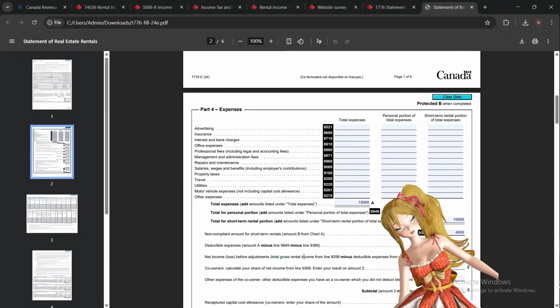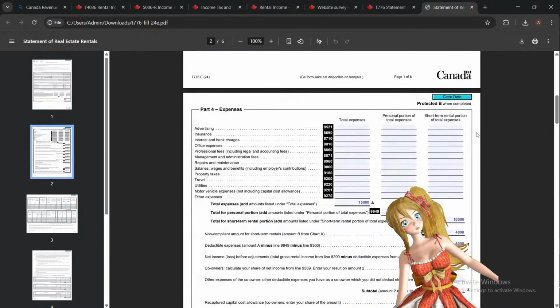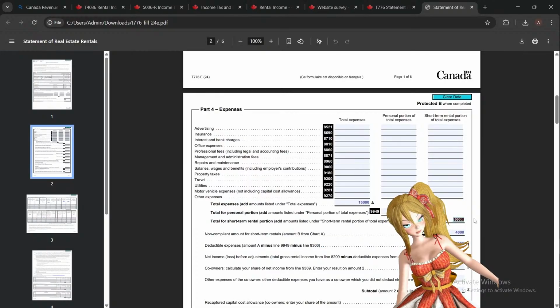Why is this positive? Total gross rental income, 8,000. Okay. Minus deductibles, 6,000. Like, what? How does this work? It doesn't work. Double check. Line paying, 15,000 for the apartment, minus expenses for the tenant's portion.